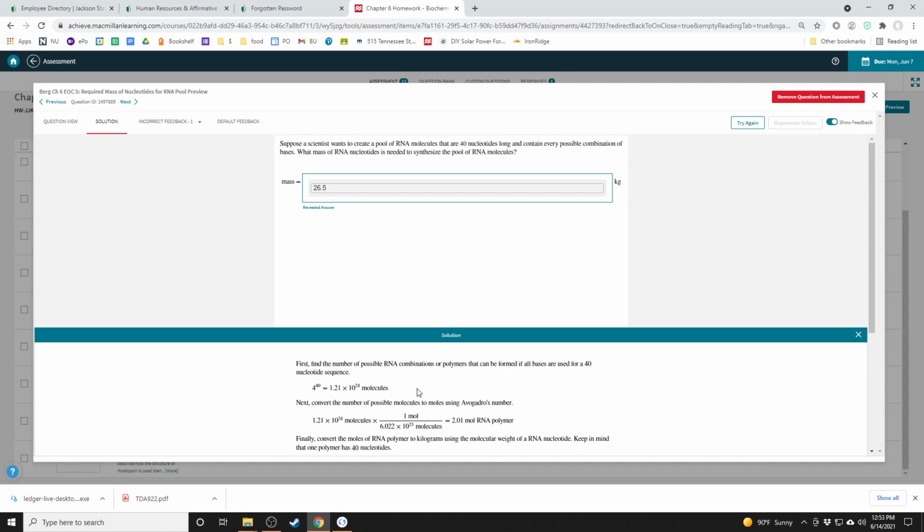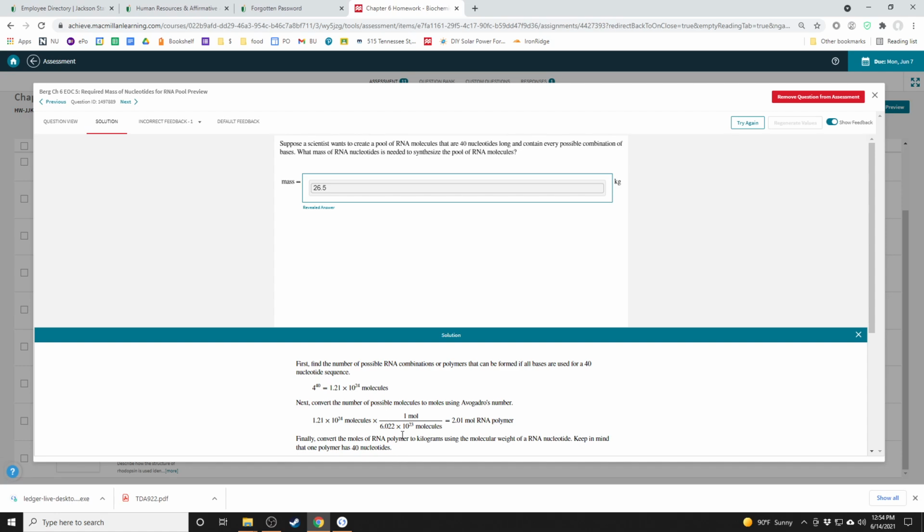Now, as you may remember from your lower level chemistries, pretty much everything we do for calculations is going to be in moles. So we need to get our number of molecules into moles. We have 1.21 times 10 to the 24th molecules in this case. We're going to divide it by Avogadro's number, which is 6.022 times 10 to the 23rd, and that's going to give us the number of moles.